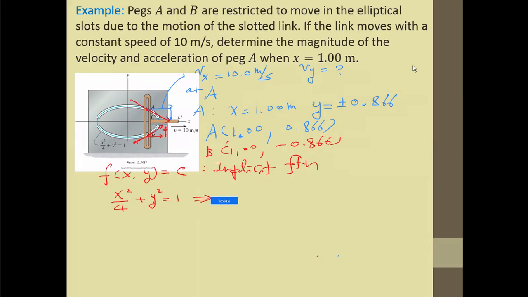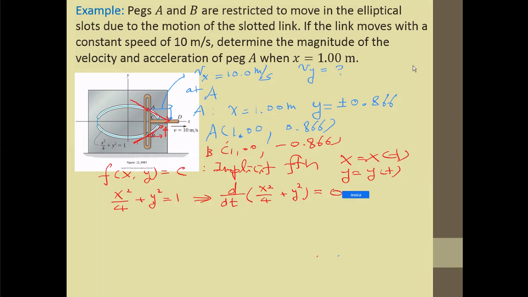To find the velocity, we take a derivative of this implicit function with respect to time t. t is embedded in x and embedded in y. So x is a function of time t, y is also a function of time t. Then we're going to use the chain rule. The derivative of 1 with respect to time t is obviously 0.